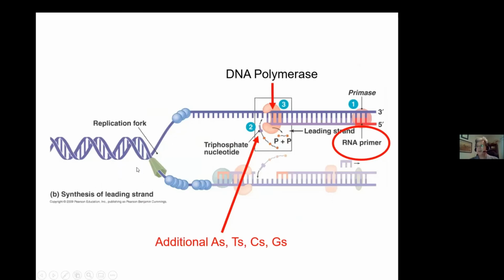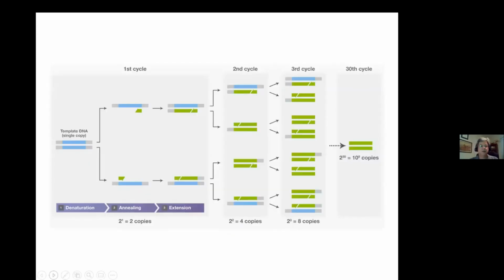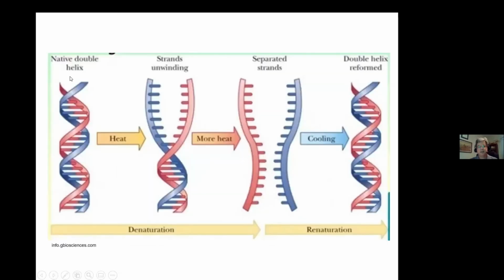But that's another piece that you would have to put into your test tube, and you're trying to make this as simple as possible. So you can also get DNA to come apart if you use heat. So if you take DNA and you heat it up a little bit, then it unwinds and it comes apart. And then if you cool it, it will come back together. All right, so it denatures and renatures if you change the temperature.